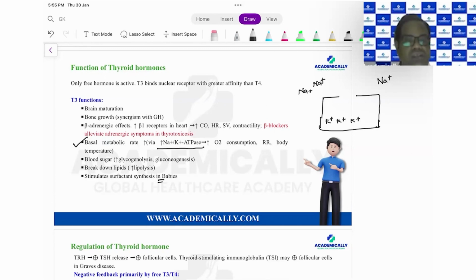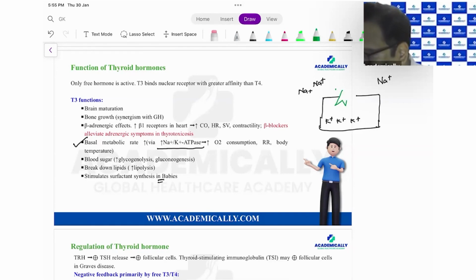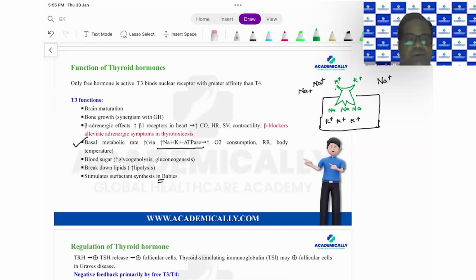So to restore imbalance, we need to have a receptor which is going to throw sodium out of the cell and get potassium inside the cell. Naturally, potassium has to go out of the cell, and sodium has to come inside the cell.